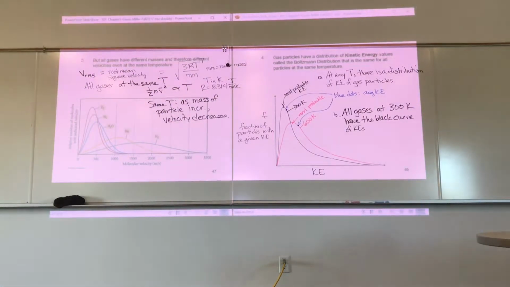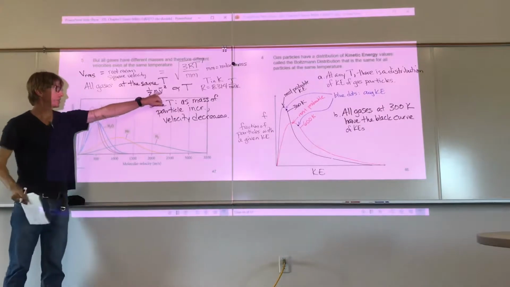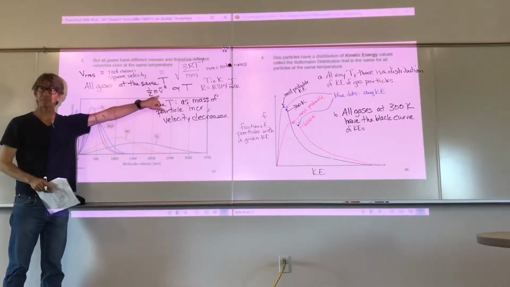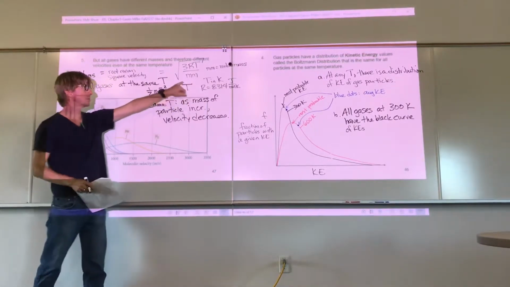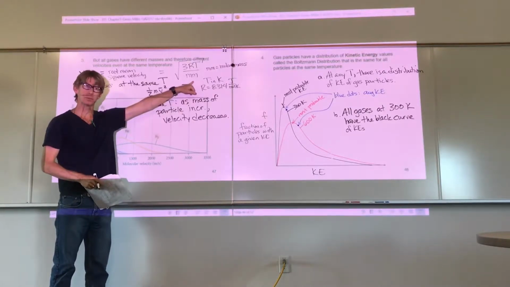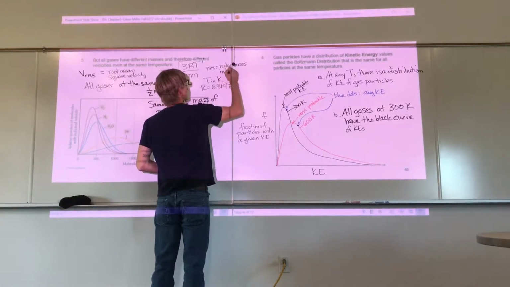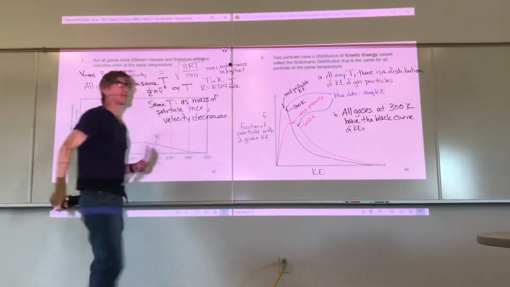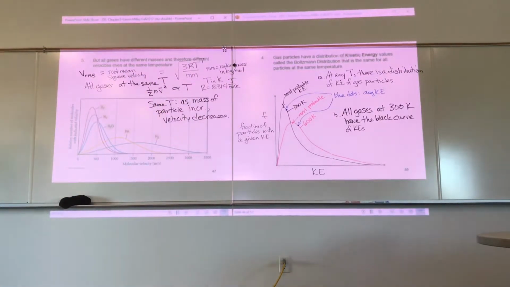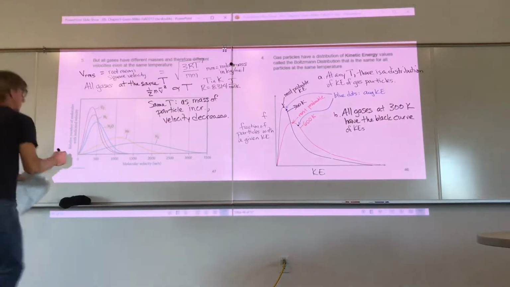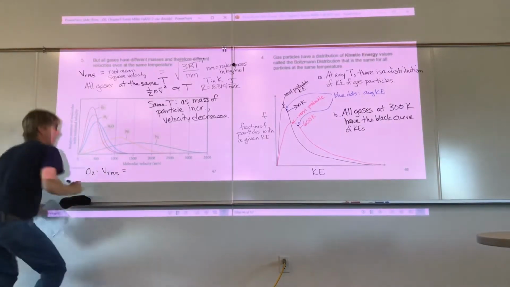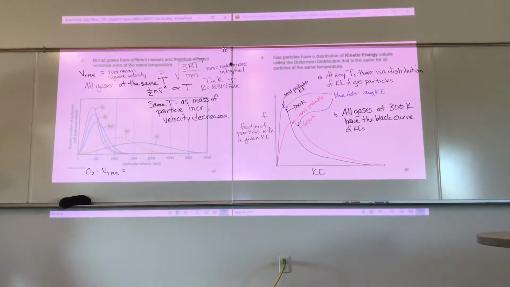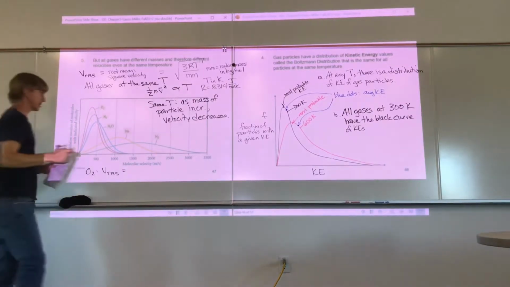Now, we're talking about velocities, and when you use this equation to get kinetic energy, the derivation of this has to be molar mass, but the molar mass has to be in kilograms per mole. So you have to do the conversion from grams per mole to kilograms per mole. Let me do that down here. O2, the velocity root mean square, using this equation.